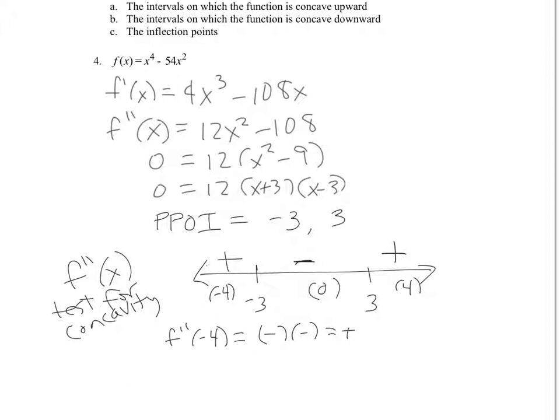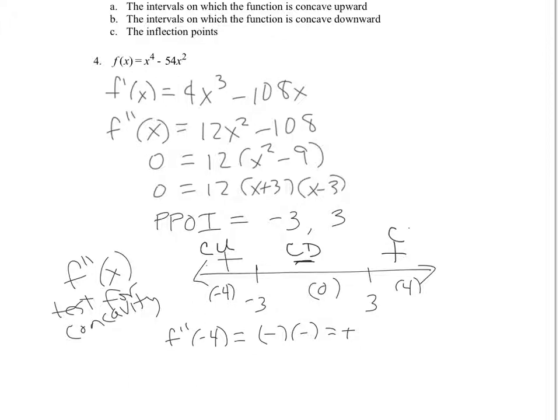All right, here's what I'm asking. It tells me something about concavity. If this is positive, what does it mean for this section of the graph? It's concave which way? Good. That is concave up. And a minus sign means it is concave down.